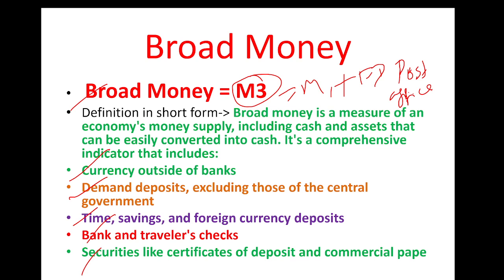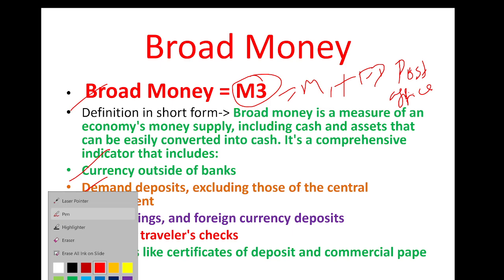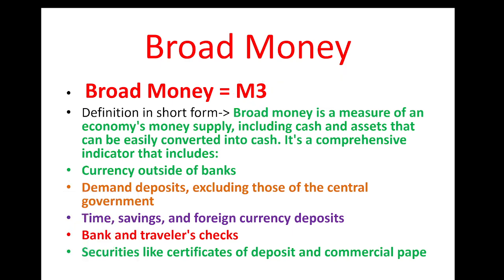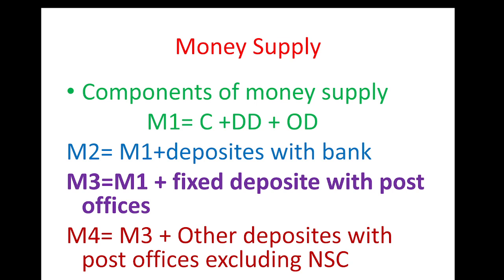You can see in the back side also. I have shared the same thing in the previous slides. M3 means M1 plus FD with post office. Okay, students.